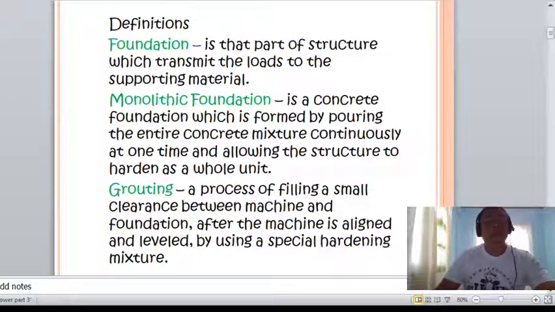Another is grouting, a process of filling a small clearance between machine and foundation after the machine is aligned and leveled, by using a special hardening mixture. This is the mixture that is inserted in between the bed plate of the machine and the base of the foundation.